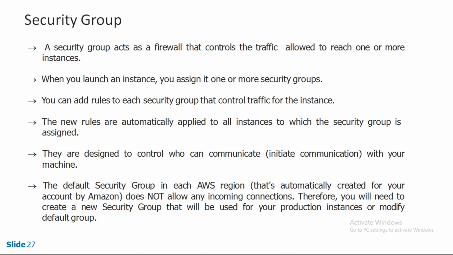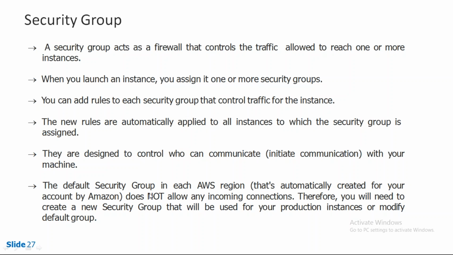They are designed to control who can communicate, with respect to inbound traffic, which we saw yesterday. So they are designed to control who can initiate communication with your machine, nothing but the instance.